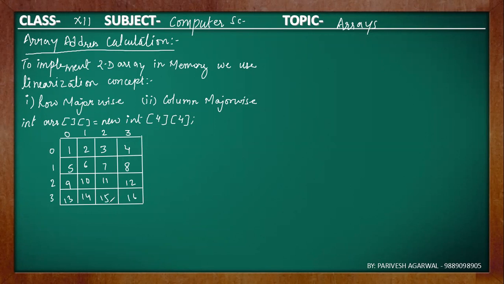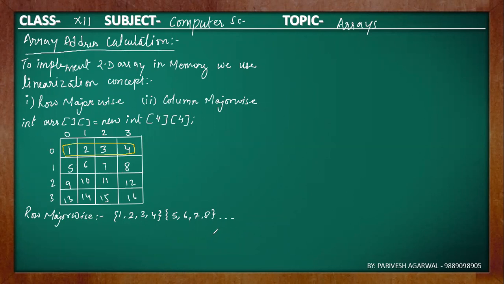In row major wise, the values are stored such as 1, 2, 3, and 4. This is the first row, and the next sequence will be 5, 6, 7, 8, and so on. That means your array will be stored into the memory row major wise: first row, then second row, third row, etc.